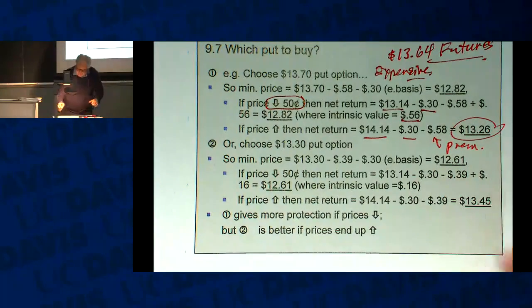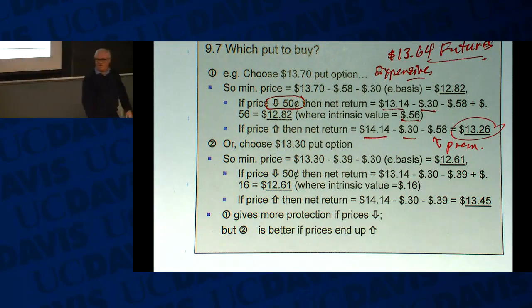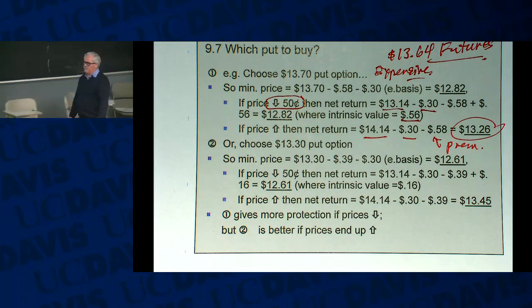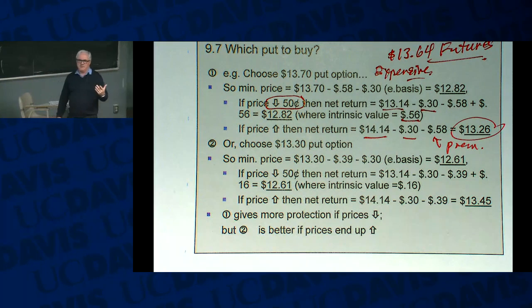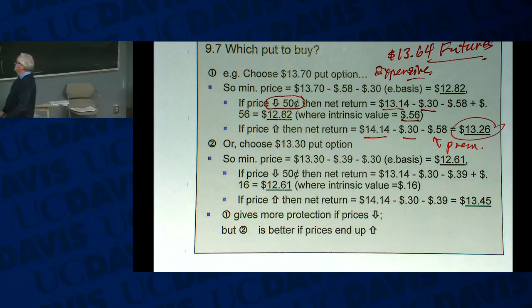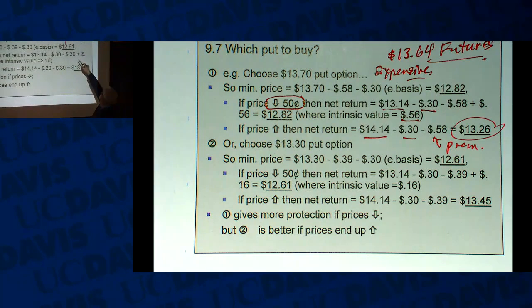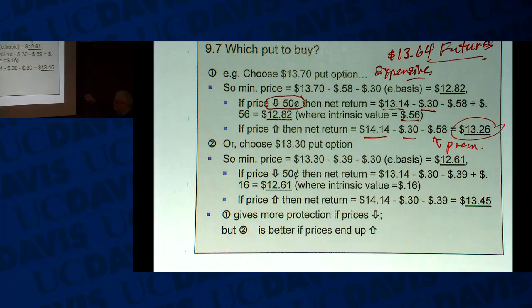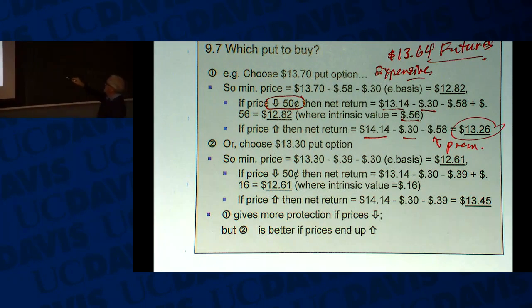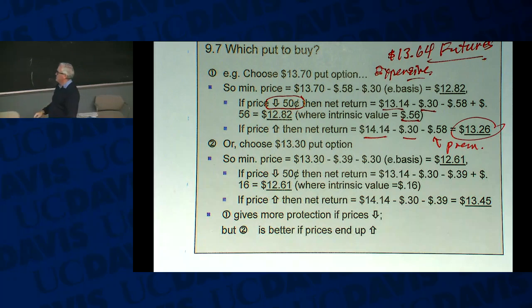Then you end up with 13.26 if the price increases. If the price increases, then the option is worthless, right? It's out of the money. So your net return is the futures minus the basis minus the cost of the premium. So it's 13.26. So if prices fall, that's what you're trying to protect against, your net return is 12.82. If prices rise, it's 13.26.